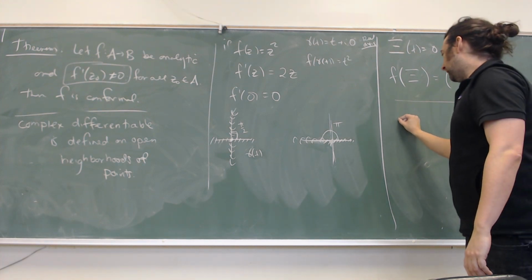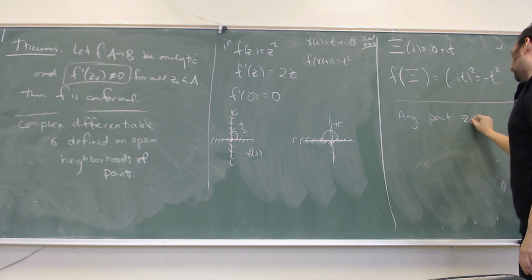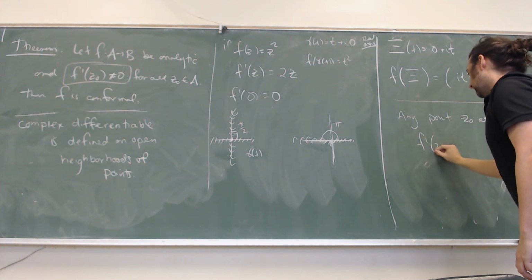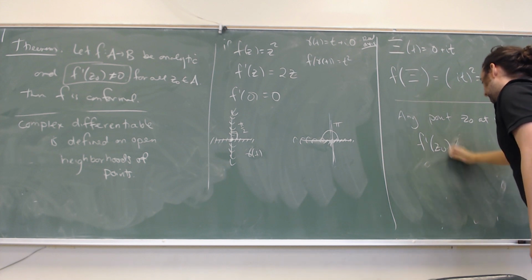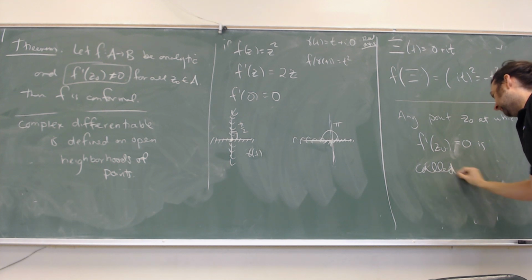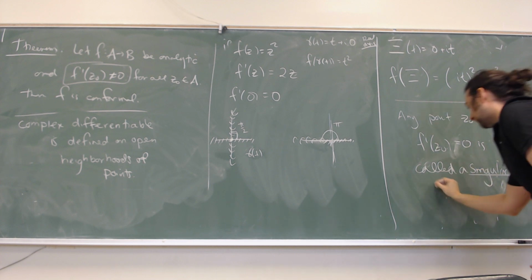So, any point z naught at which f prime of z naught is equal to 0 is called a singular point for f.